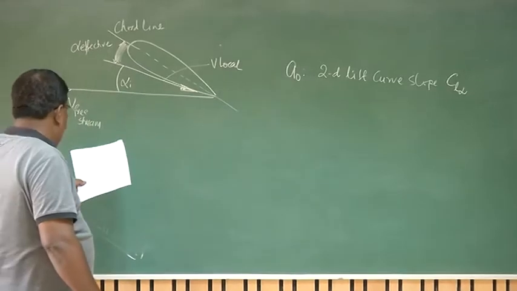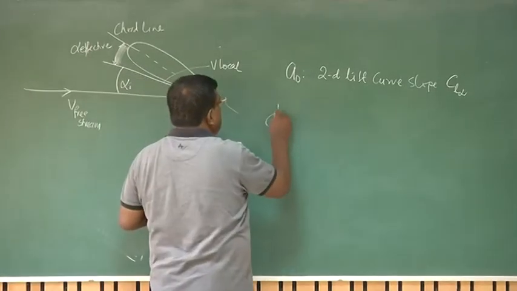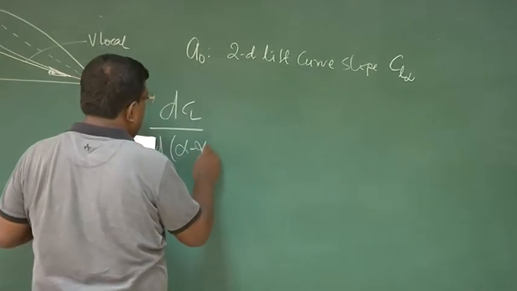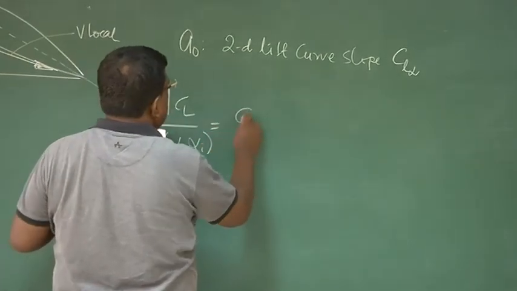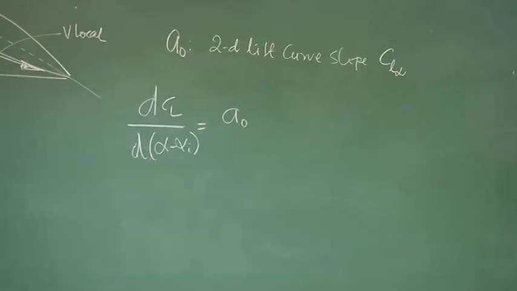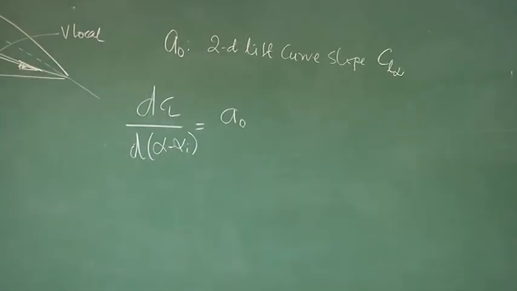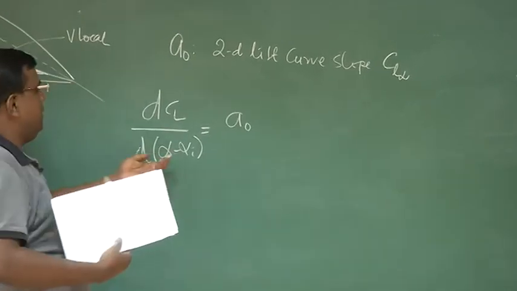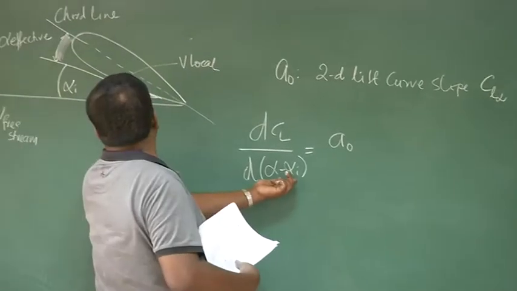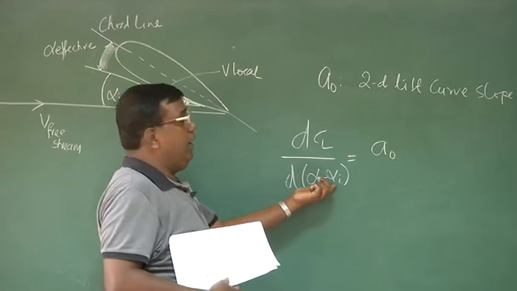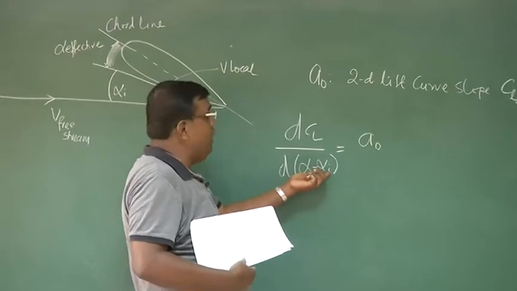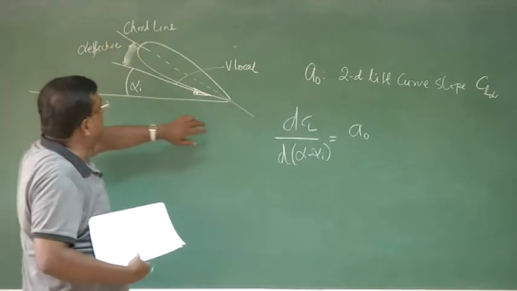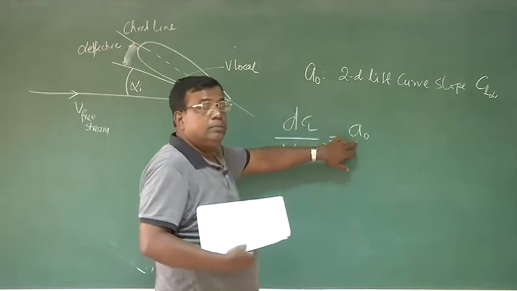So if I now write dCl by d(alpha minus alpha I), this should give me A0, because I have taken out alpha I from the angle. This slope, when I am writing CL versus alpha effective, doesn't have alpha I; the effect is taken out. So this should be A naught.